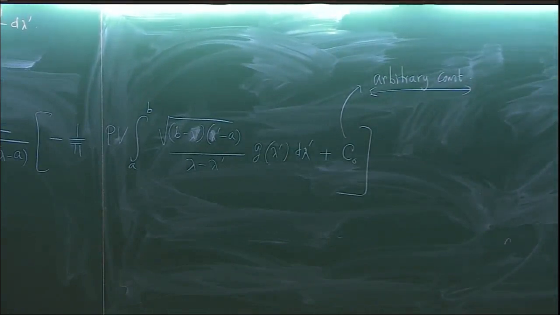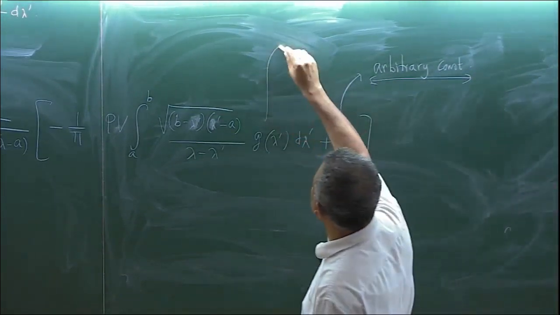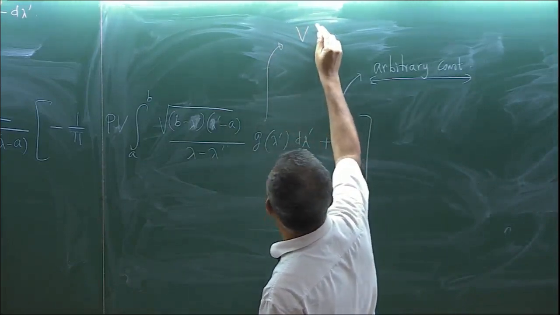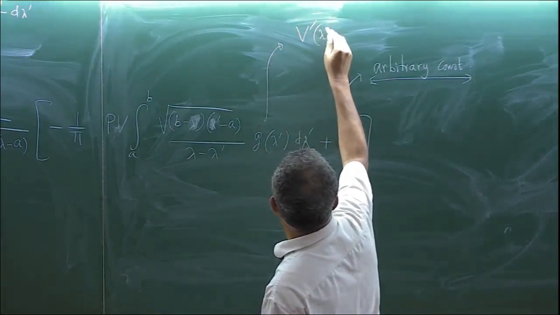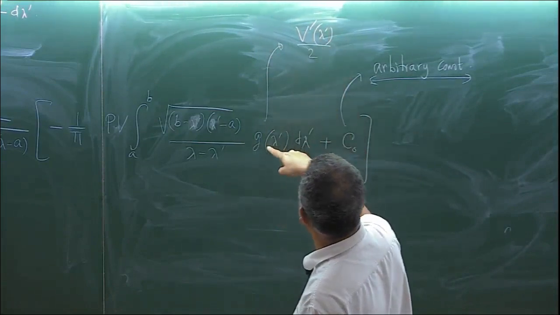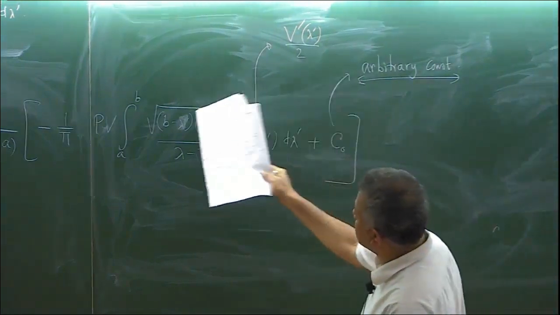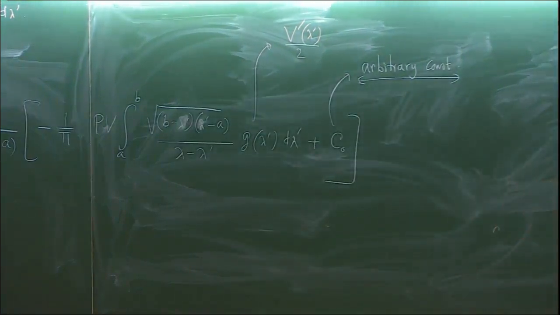So now if you take the matrix potential to be any arbitrary V of lambda, then the source function, as you saw, is V prime of lambda prime over 2. That will come in here. And in general, for an arbitrary potential, to calculate the density is not so easy because you cannot do this integral. Okay?